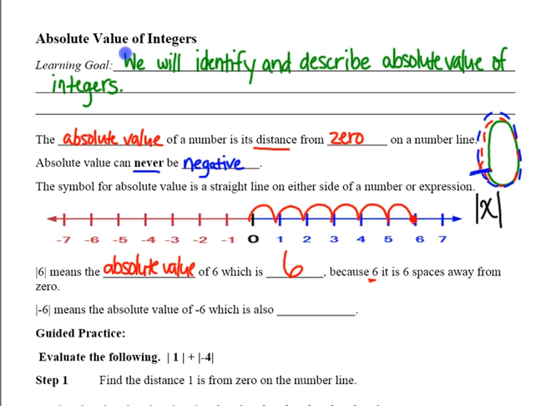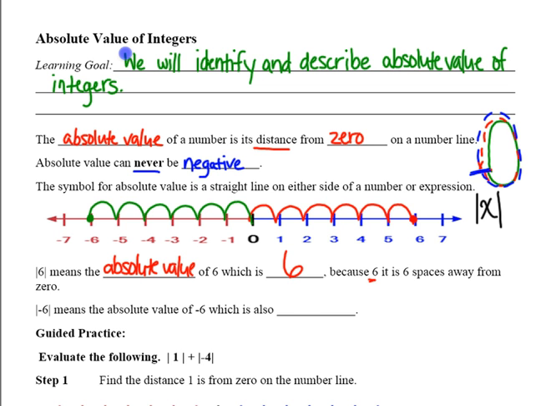If we're looking at the absolute value of negative 6, we're going to notice a similar trend. We're going to start on negative 6. Here we've plotted our point, and we're going to count back to 0. Here's 1, 2, 3, 4, 5, 6.